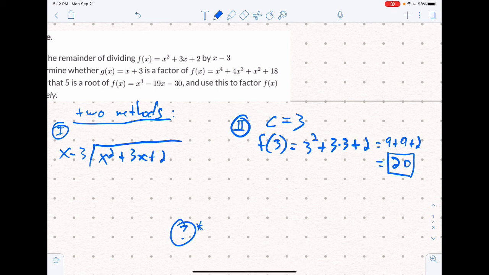Now, what the remainder theorem says is that when you plug the number c into a polynomial, the answer you get is exactly the same answer that you get if you do this division and you look for the remainder. That will also be 20. So what do I have? I have a conclusion. The remainder is r equals 20. And we're done. That's part A.